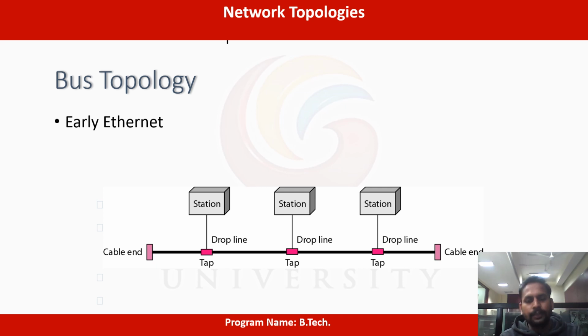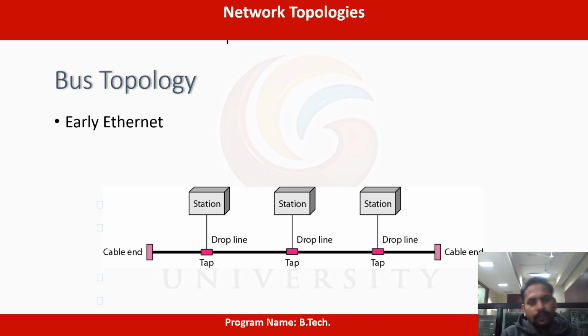Here the problem is the length of that cable. Whenever the length of the cable is increased, the data transmission gets less throughput. That means some discrepancies will come, because the lengthy cable cannot carry the data to the end positions. So in that case, they will use a repeater kind of device to collect all the data, and then transfer it again.